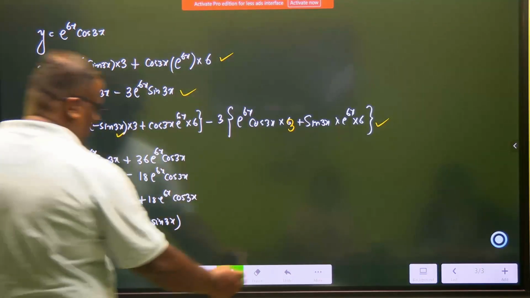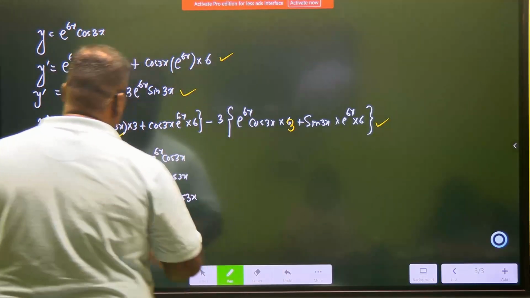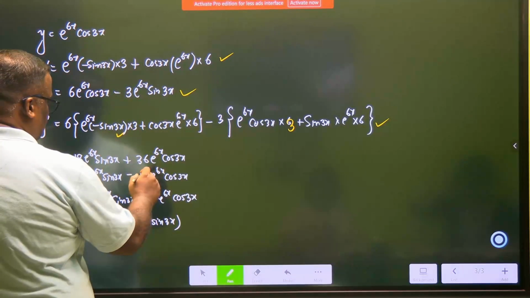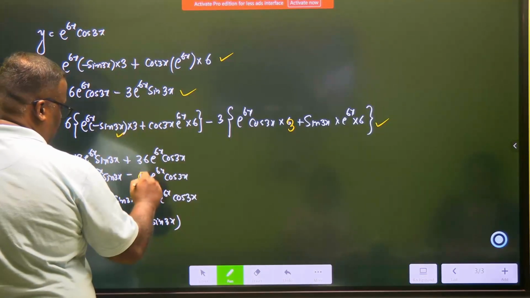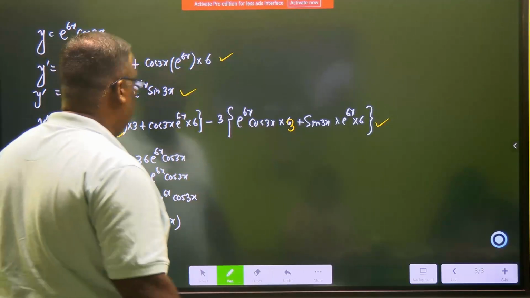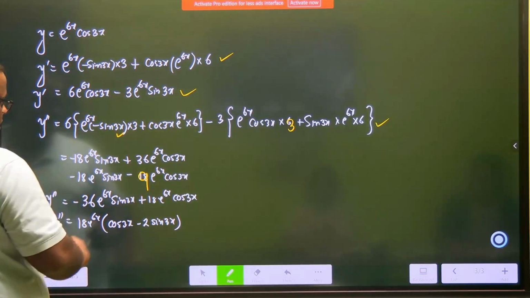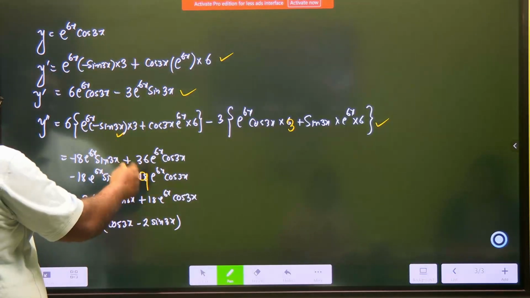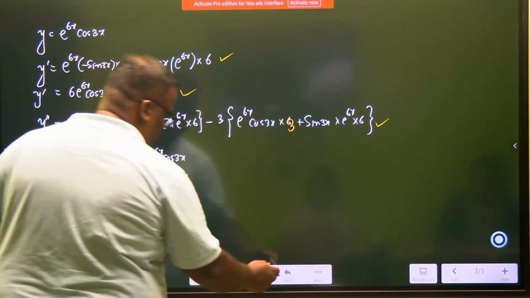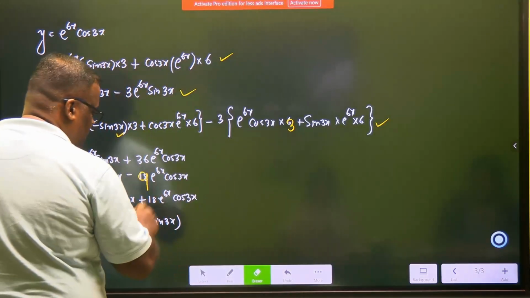Okay, got it. So the minus 9 should be here. And that is 18. That is perfect, right? 18 is minus 36 and 36, 9. So there are some changes here.